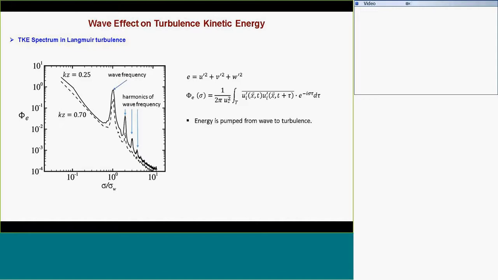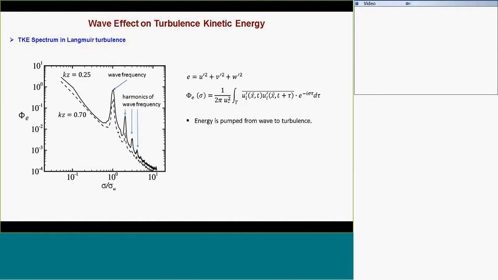So where does the energy come from? What we can see is that it comes from the wave pumping. In this figure, what is shown is a spectrum at different frequencies, at the wave frequency and harmonic wave frequencies. So the periodic motion of the wave keeps pumping energy into this turbulence field.